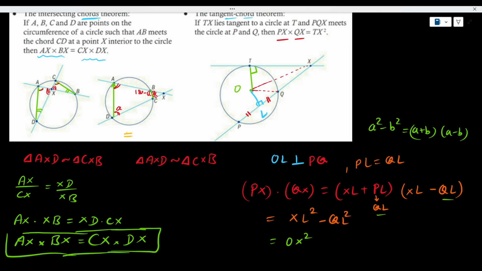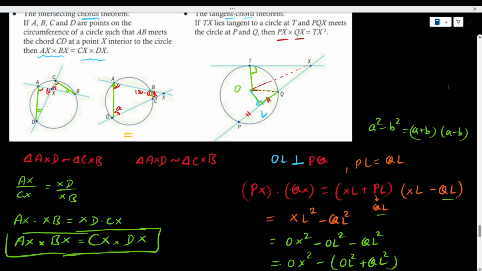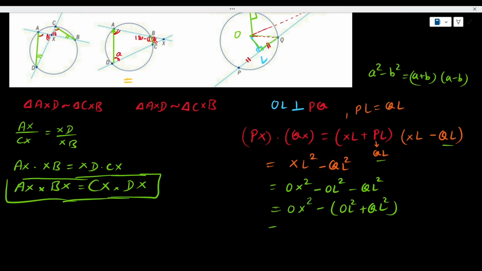XL square will be equal to OX square minus OL square, minus QL square. Now if I take OX square minus the common OL square plus QL square, then QL square plus OL square is nothing but OQ square, using Pythagoras theorem again. So I can write OX square minus OQ square.